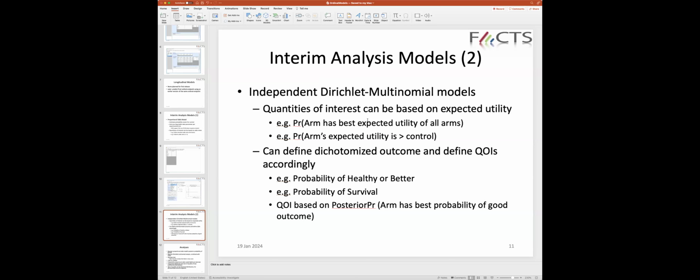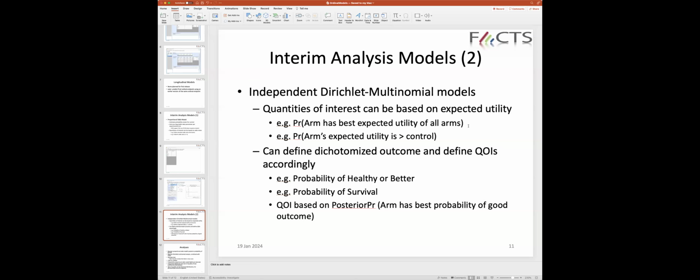So we'll be able to specify different Dirichlet priors for each of the arms, update those based on the data we collect, and then similarly to the proportional odds like models, we'll be able to define quantities of interest that are based on these models.